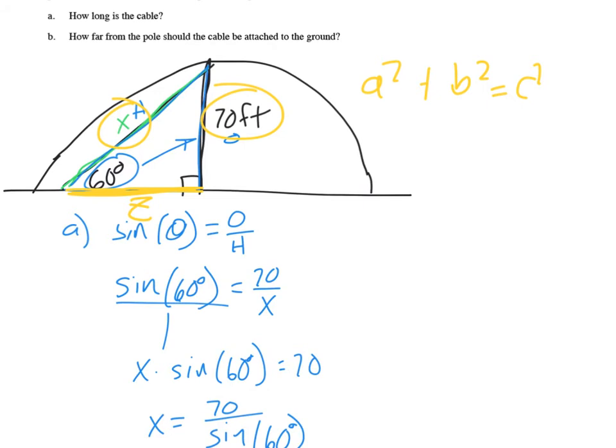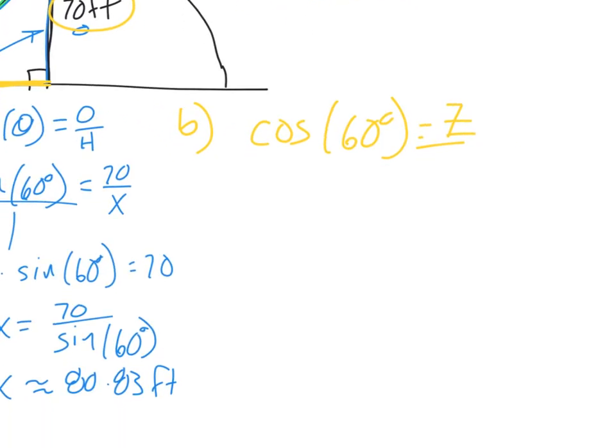If I'm trying to find this length z, I could also use the cosine of 60 degrees, because that ratio would be equal to z over 80.83. Or you could also use tangent.